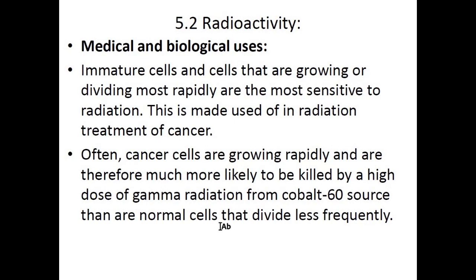Often cancer cells are growing rapidly and are therefore much more likely to be killed by a high dose of gamma radiation than a normal cell that divides less frequently. So the more rapidly dividing cells have a higher chance of being killed by gamma radiation.